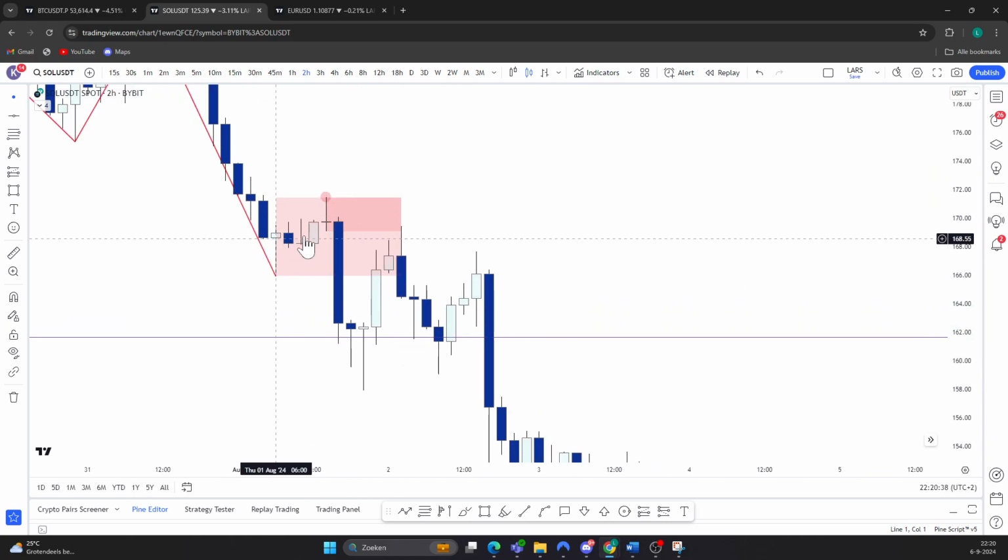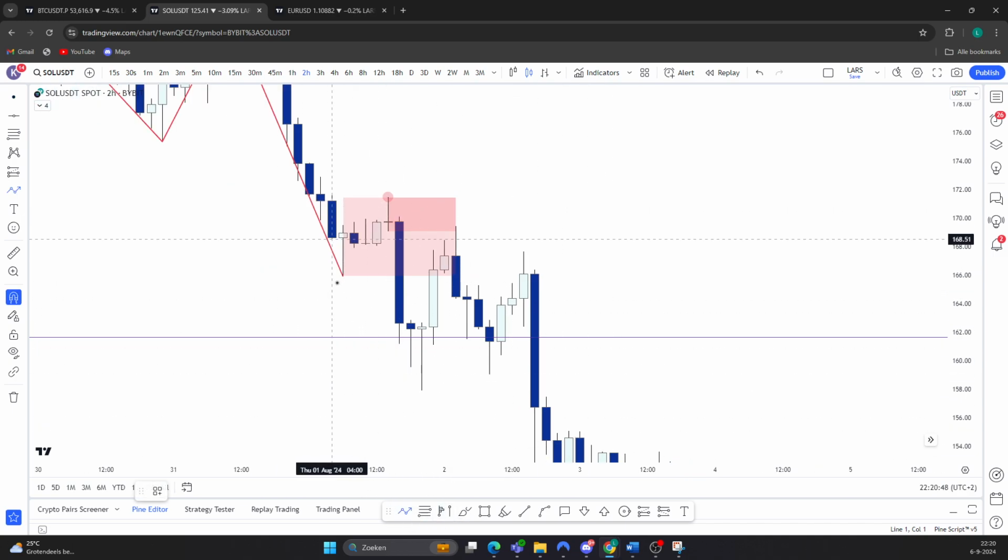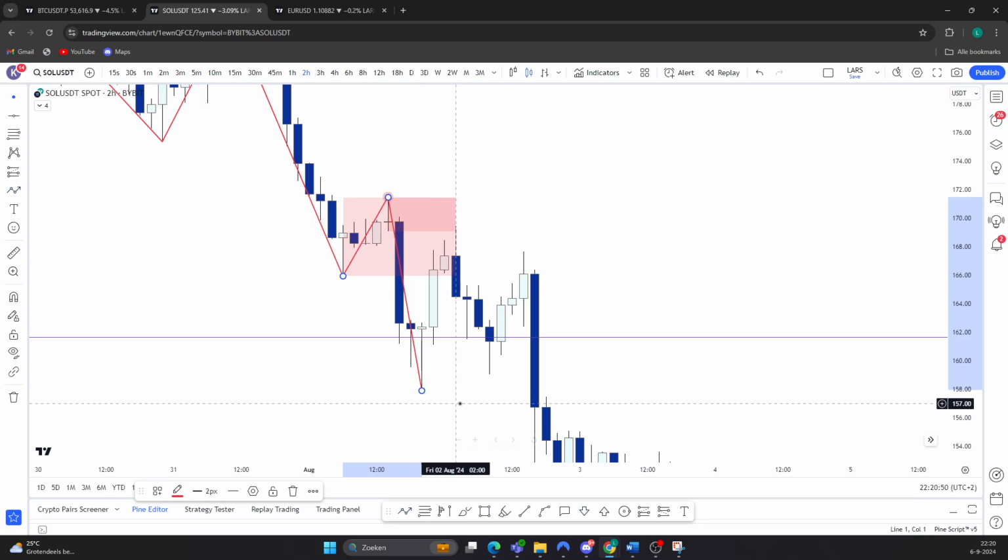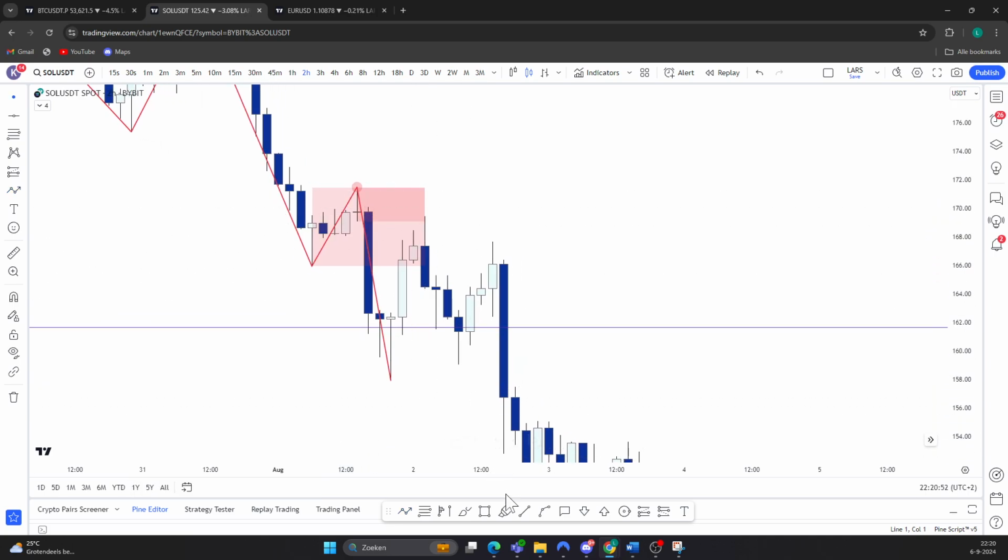We have a supply area using structure supply, and we have a more refined area using an order block with inefficiency in that pivot point. We're trending down, so we're already expecting a lower high for a lower low, right? And that was the perfect place where price put in that lower high for the lower low.